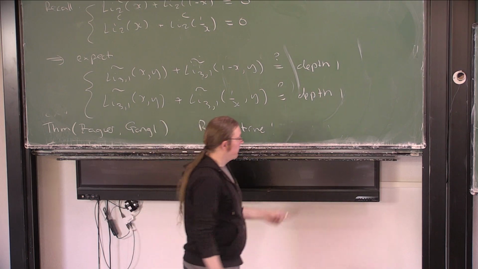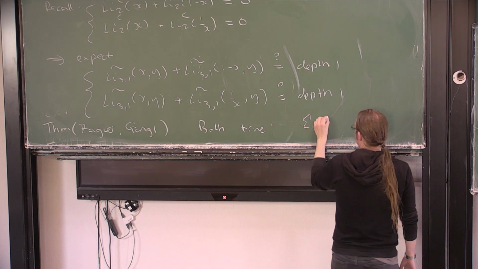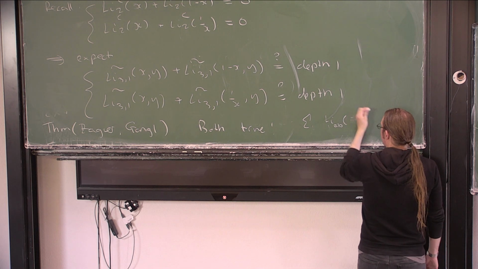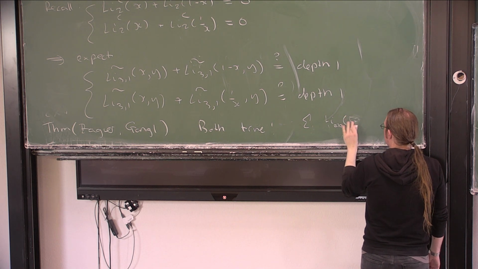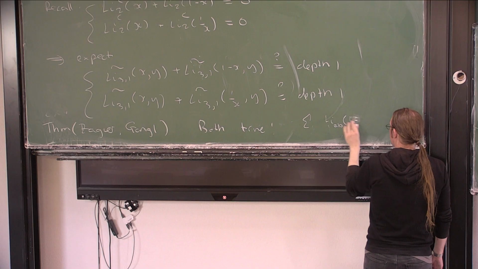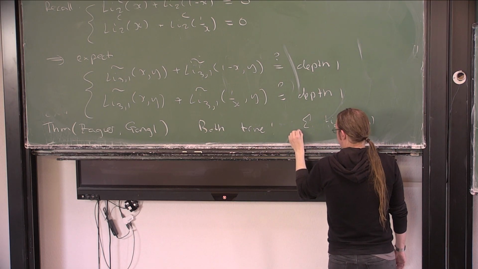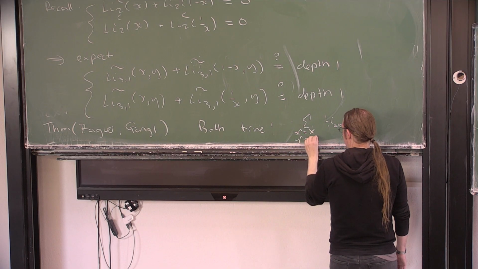The distribution relation for depth 2 is something like: let's do x and y. X to the n is some variable, y to the n is another variable.